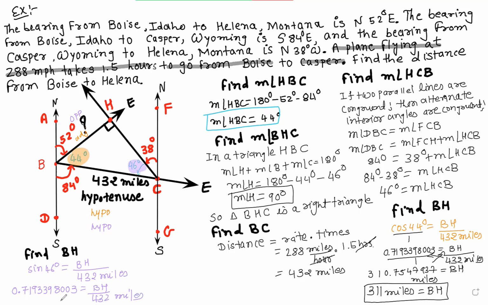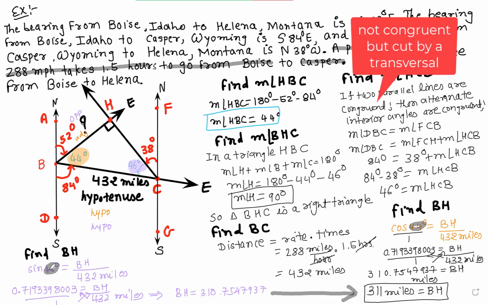Cross multiply these two values. Final answer for BH will be 310.7547937, and we round this value to get this particular answer, 311 miles from Boise, Idaho to Helena, Montana. Why? It's because of this reason. Sine 46 degrees and cosine 44 degrees are co-functions, and that's why their values have to be exactly the same. Hope this will help you.